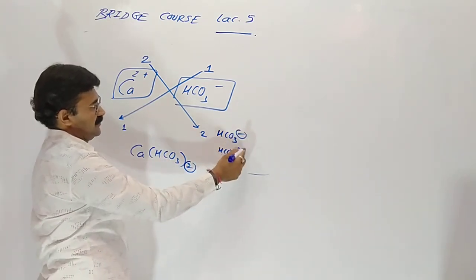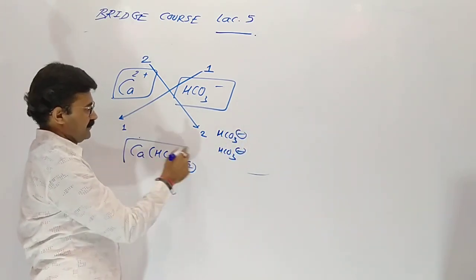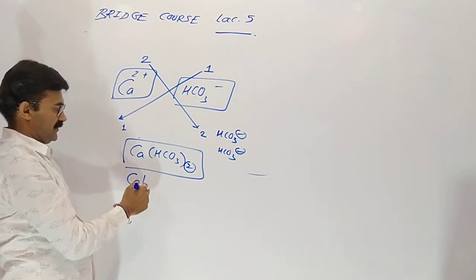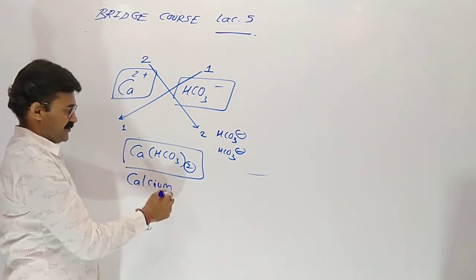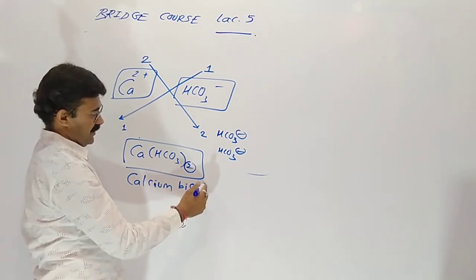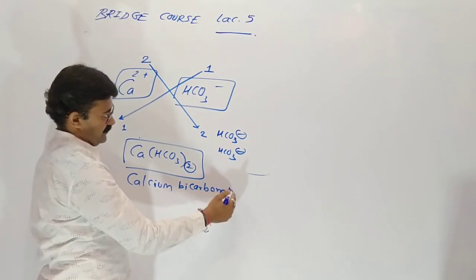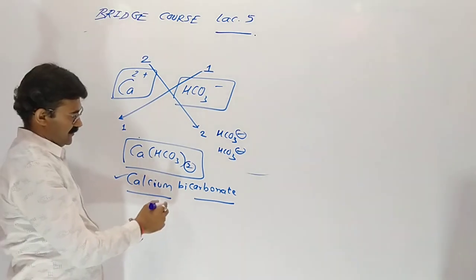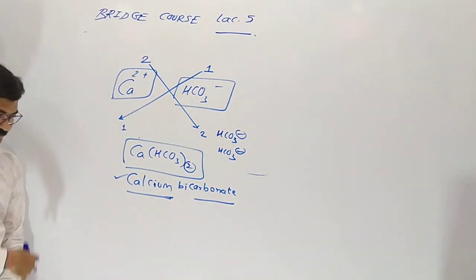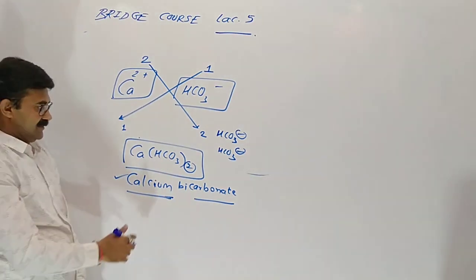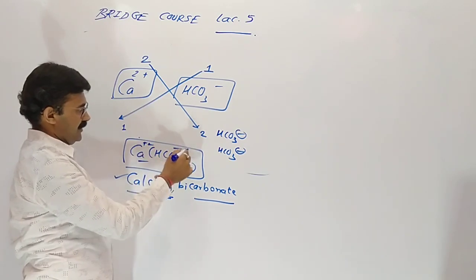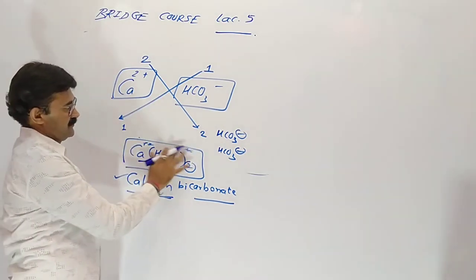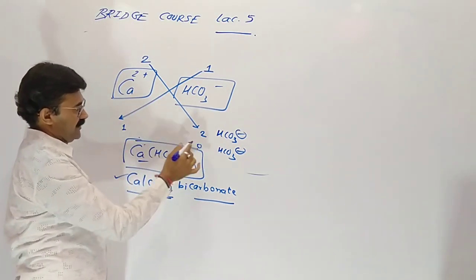So total charge minus 2 and plus 2 cancel. So the name of the compound is calcium bicarbonate. The positive radical comes first in writing and in reading. Calcium bicarbonate, and the compound should be neutral by charge.